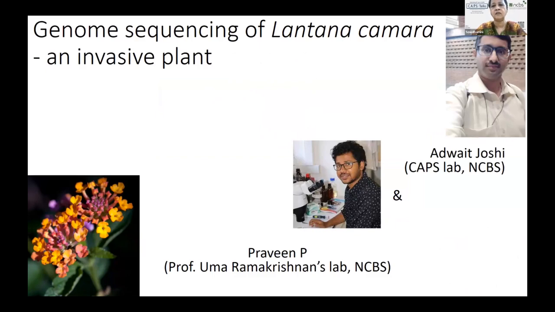This was taken up by Praveen, and he was able to standardize the experiment within the lab, and together with Advait, who worked on the raw DNA reads fragments, they were able to arrive at some meaningful results. For instance, Praveen could come up with some interesting trends of the polyploidy levels, and Advait was able to do a draft genome assembly. So they both will be presenting this part of the story. Over to Praveen and Advait.